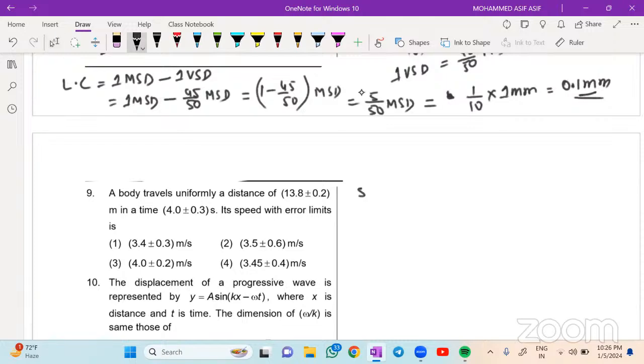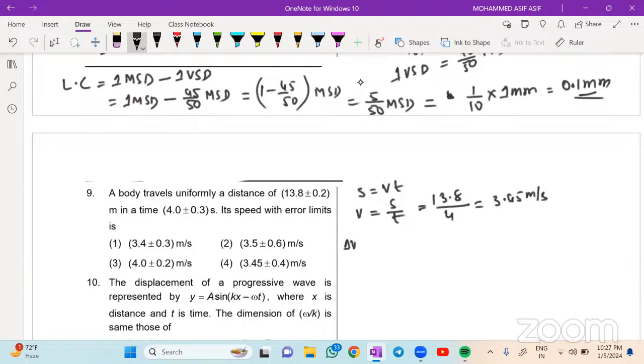We know the formula S is equal to V into T. So from this one I need to get the velocity, speed V. V is equal to S divided by T. S is equal to 13.8 divided by time, which is 4. So this will come out approximately 3.45 meter per second.